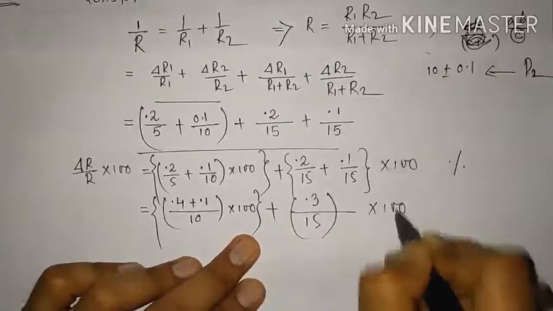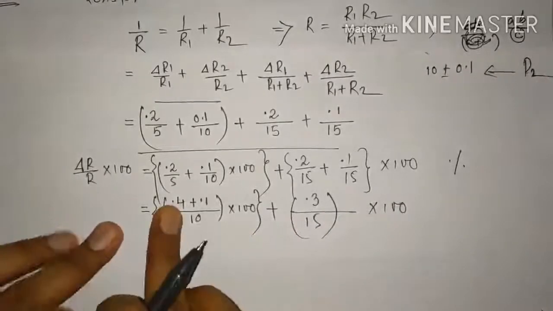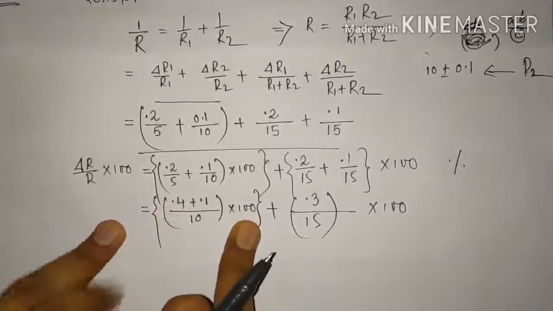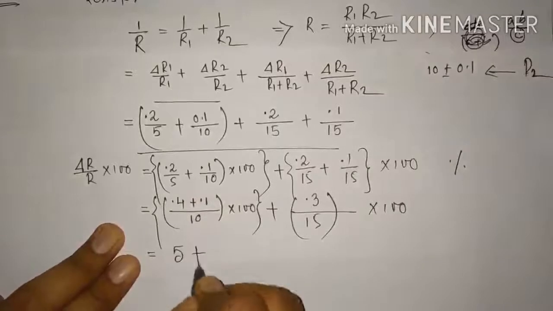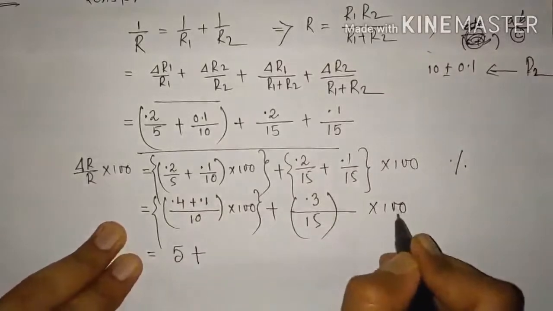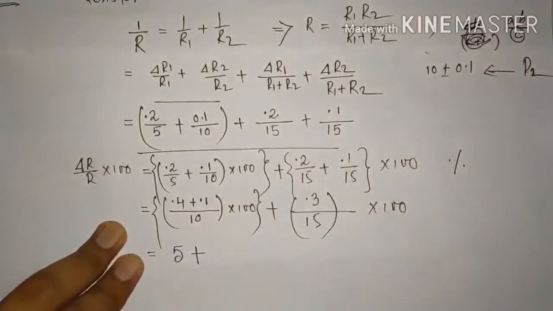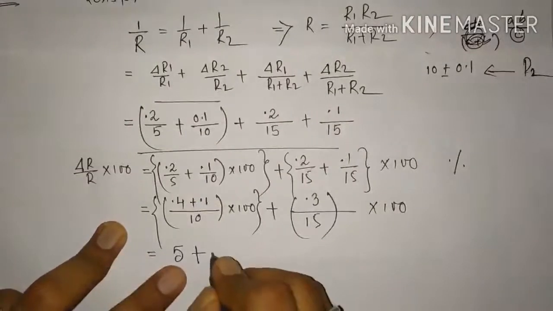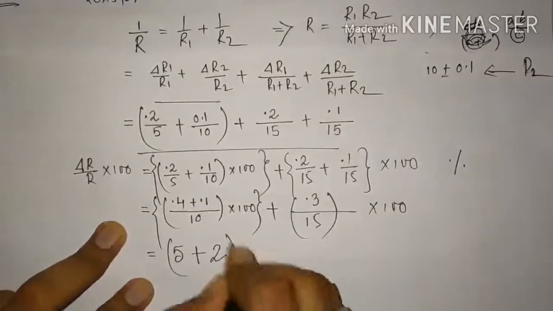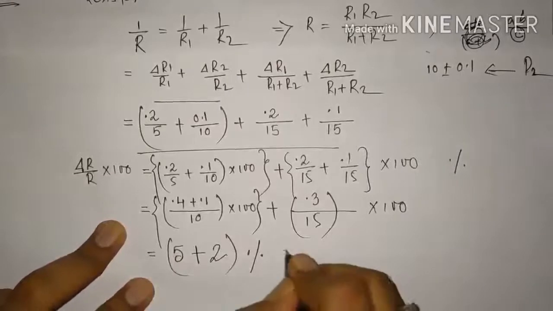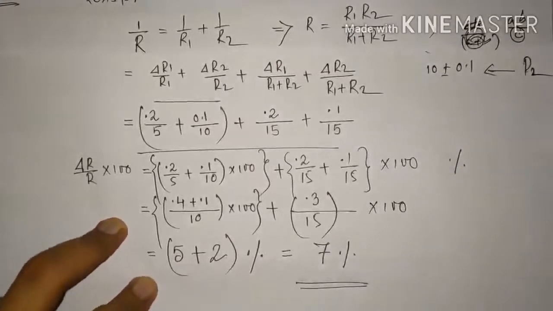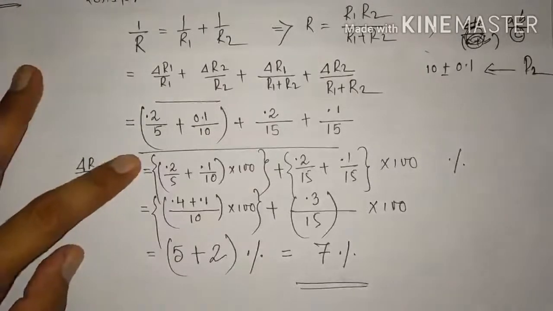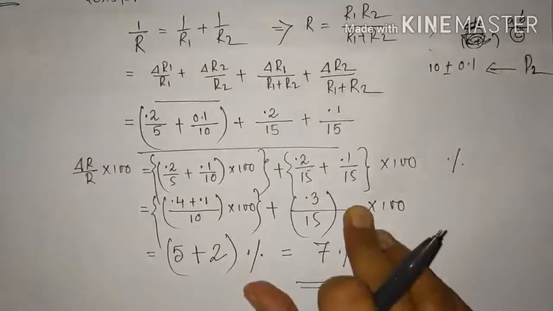This multiplied by 100. So here 0.5 multiplied by 100 divided by 10, it will give me 5. And 0.3 multiplied by 100, it will be 30. Divided by 15, it will be 2. 5 plus 2 percent. That means the answer is 7%. So here is the problem. It is also a problem of a different kind.